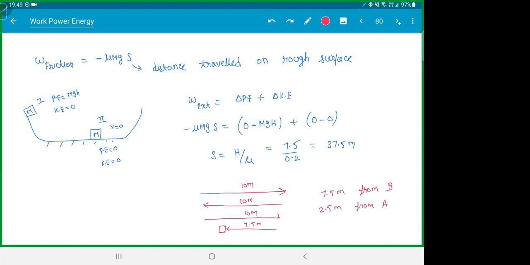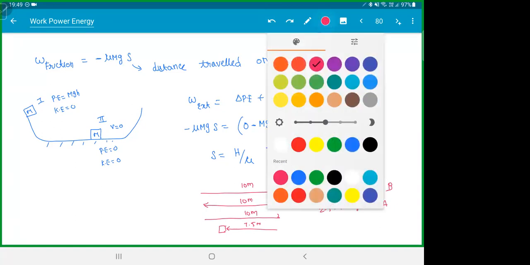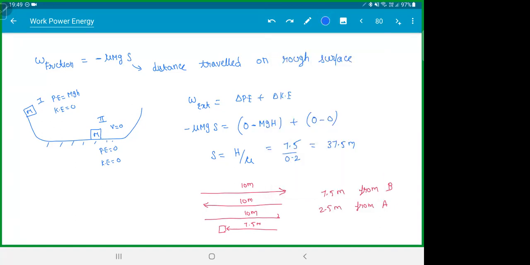Any doubts on this? It's a good one. This would be a typical mains level question. So options will be like that only. 2.5 meters from A, 7.5 meters from B, and so on. That's the most general form actually. S is h by mu.